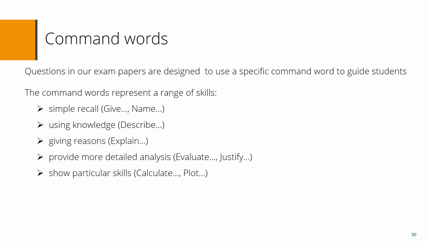On the right-hand side of the landing page, you'll see specification and sample assessment materials. If you click on that, the specification comes up, which you can then download. One of the appendices at the back of the specification has all of the command words listed.